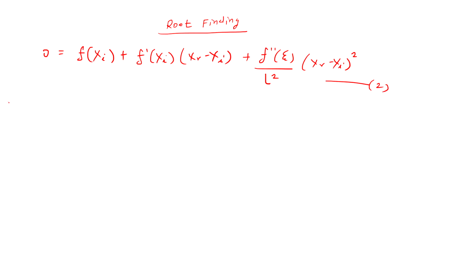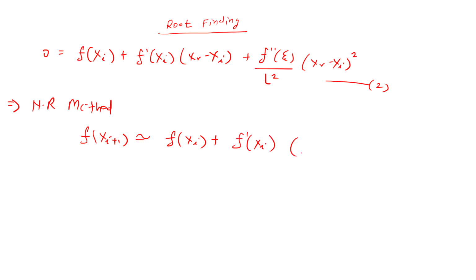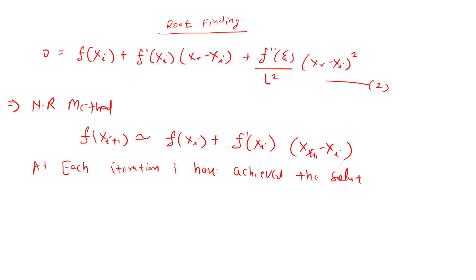Now from equation number 1, in the Newton Raphson method, f of x_{i+1} is approximately equal to f of x_i plus f prime x_i times (x_{i+1} minus x_i). In the Newton Raphson method, at each iteration we are approximating the curve with this line, and saying that wherever this line hits the x-axis, that is my root.